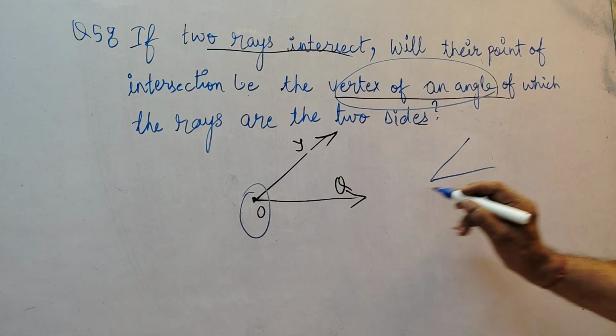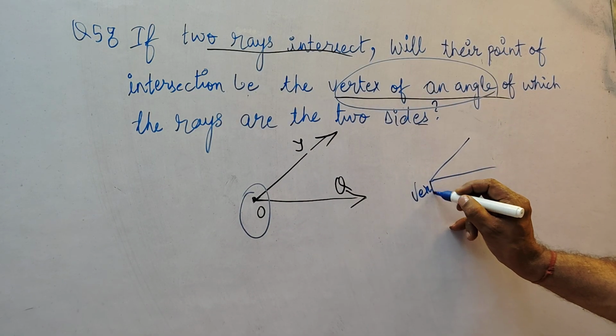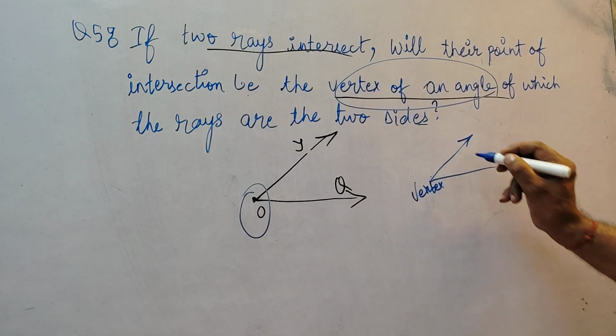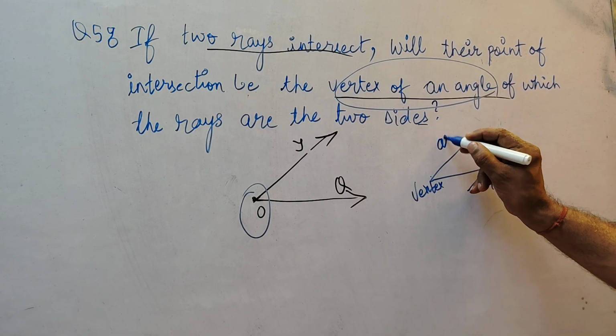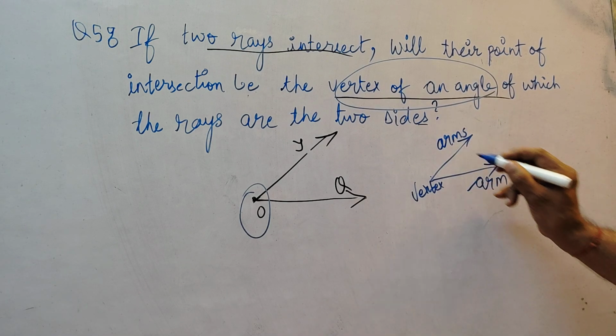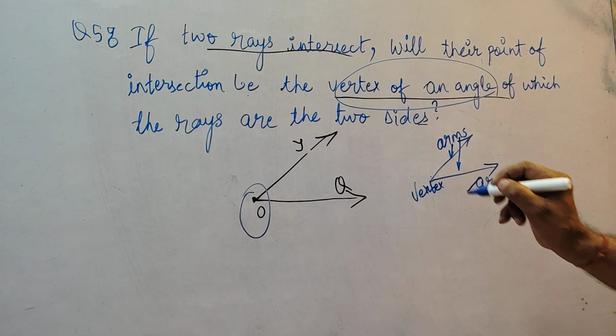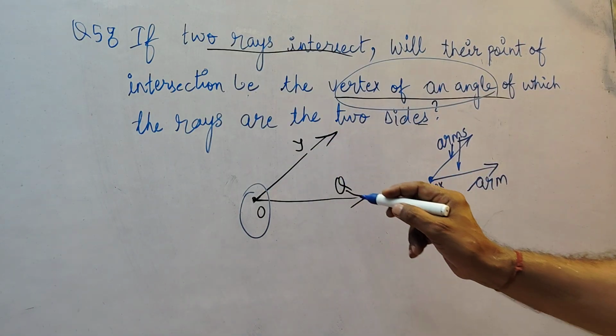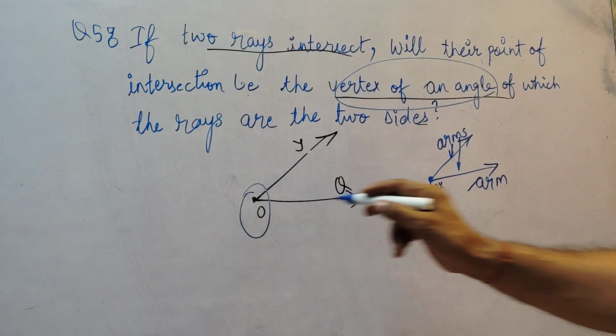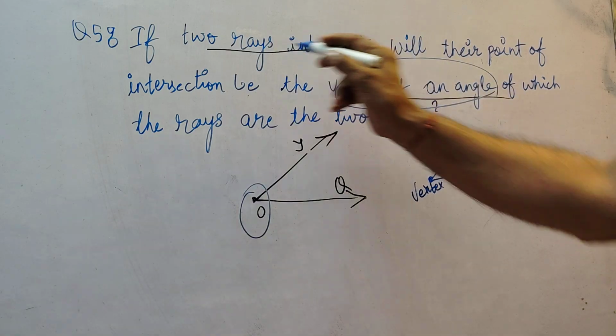So an angle has a vertex. Here is the vertex, and these are two arms. These two are called arms, and this is the vertex. So when two rays intersect, they form an angle. So two rays intersect.